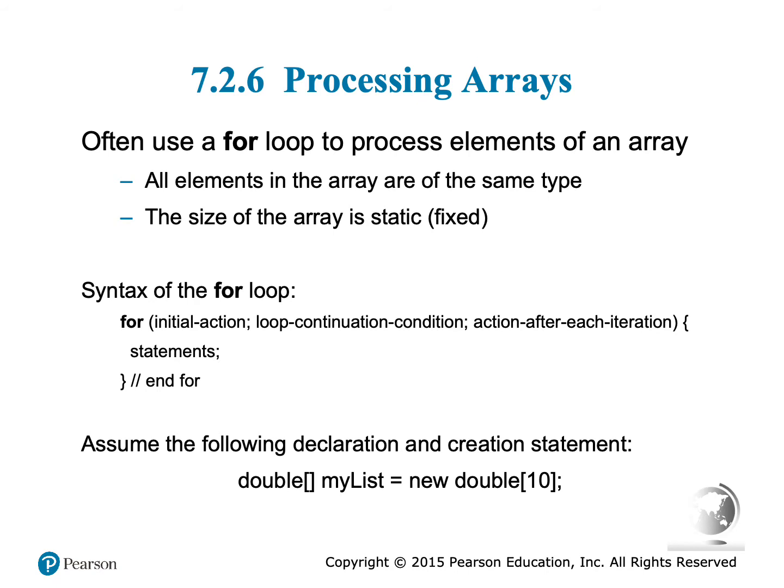We will now look at some essential operations in array processing. Assume the declaration and creation of an array named mylist of type double and size 10 for all the examples.